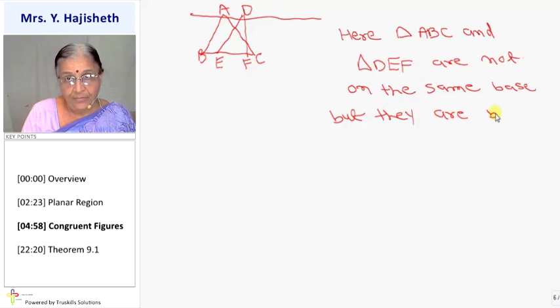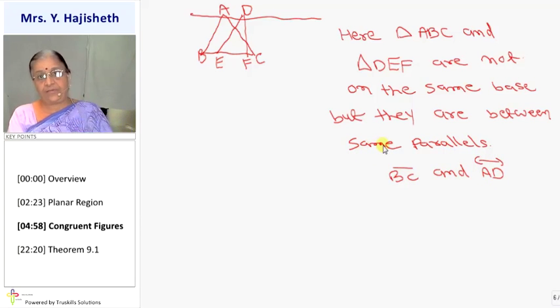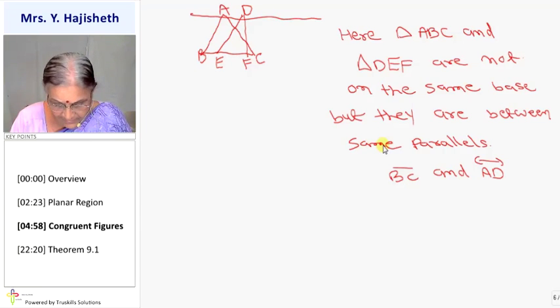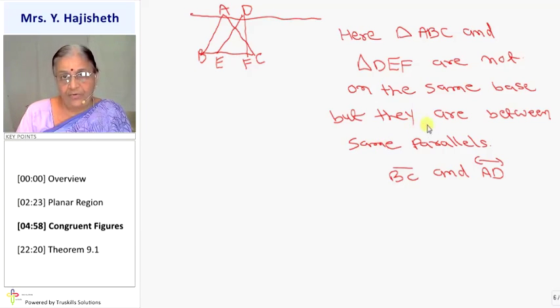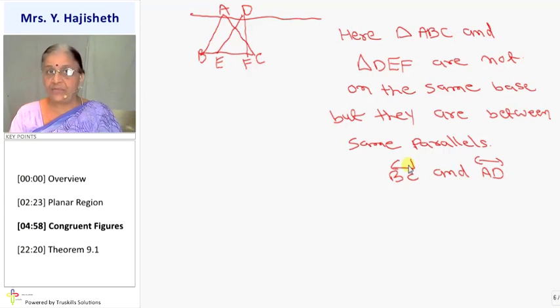They are lying between the same parallels. What are those two parallels? BC and AD. Okay. They are between the same parallels BC and AD. Both triangles are lying between the two parallel lines. So when two triangles are on the same base and between the same parallels, then they are also equal in area.